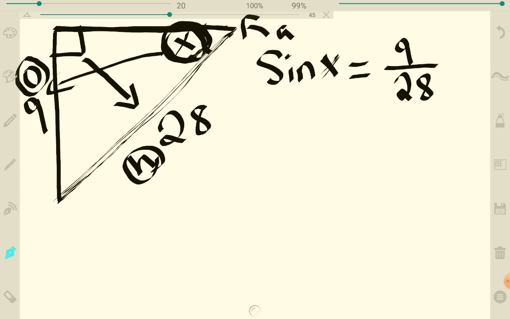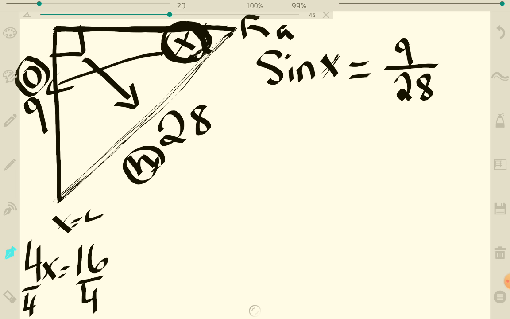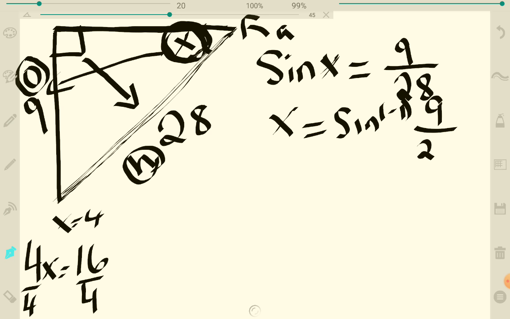So over here, for example, 4x equals 16. Right here, this is multiplication. So in this case, you divide to undo multiplication, and you would get x equals 4. Just like that, over here, we apply that and divide each side by sine. So we get x equals sine inverse 9 over 28.